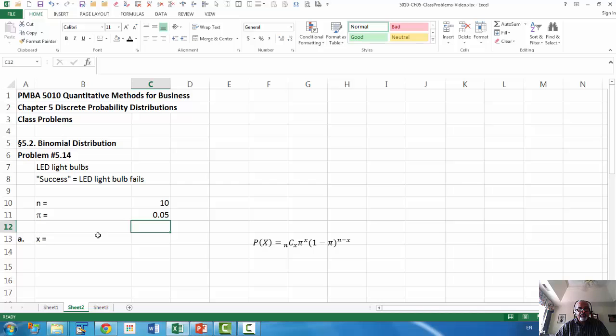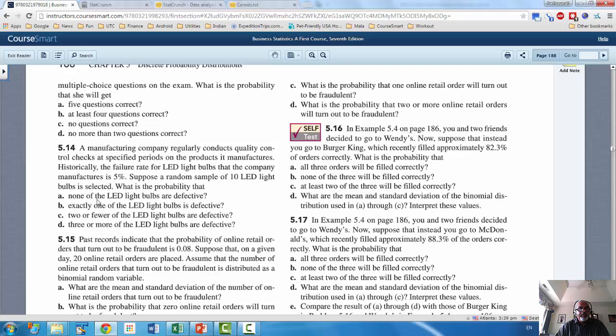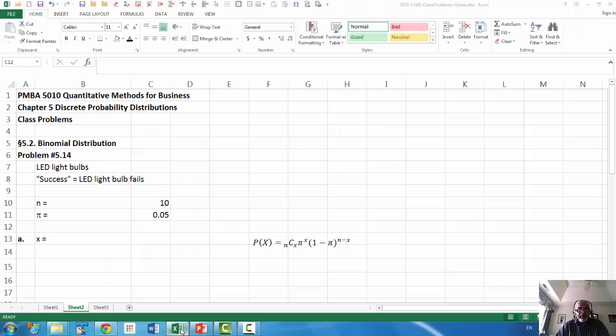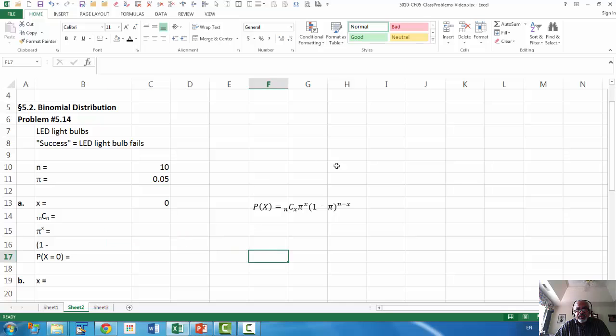Now question A is none of the light bulbs are defective. So X is 0. We want the probability X is 0. Here is the formula for binomial probability.